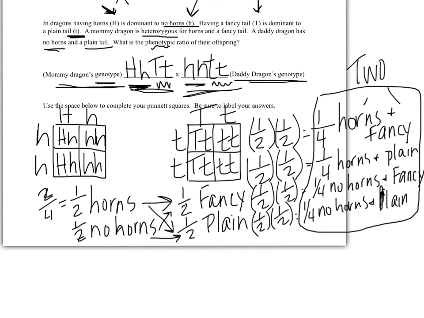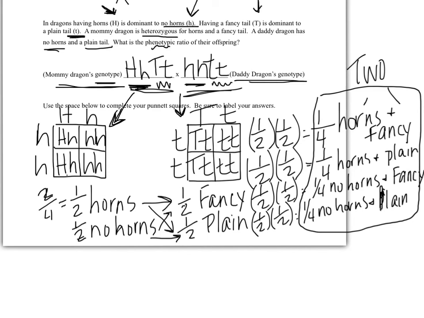And then you're going to put together Punnett squares that deal with just one letter. So notice over here, in this Punnett square, we have just the H's, and then for the second Punnett square, we have just the T's, and that's huge. If you're going to do it this way, you cannot combine the 2 different letters. H's have to go with H's, T's have to go with T's.